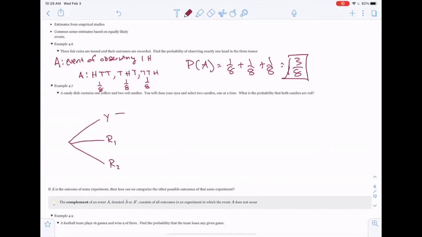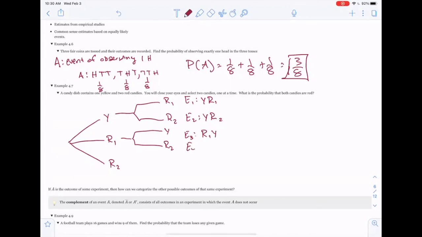Then, from this yellow candy, we can select either the first red candy or the second red candy to get the simple event of yellow, red 1, and the other simple event of yellow, red 2. If we selected the first red candy first, we can either select a yellow or a red, getting the simple events red 1, yellow, or red 1, red 2.